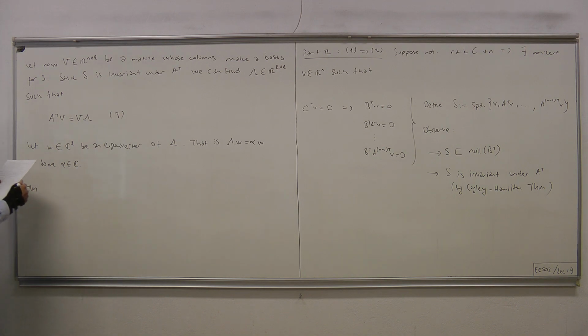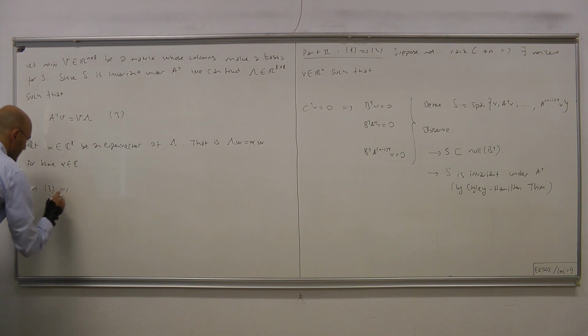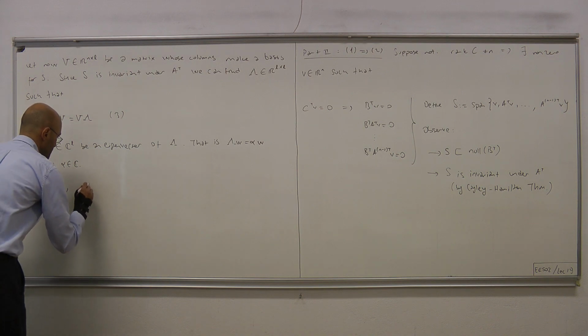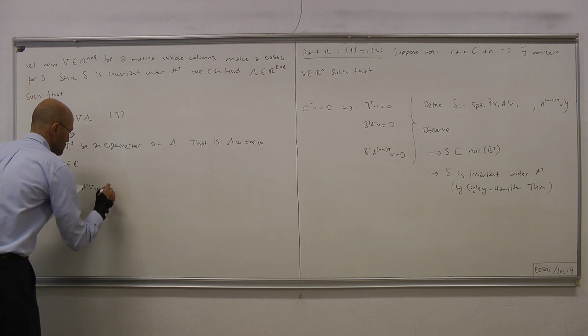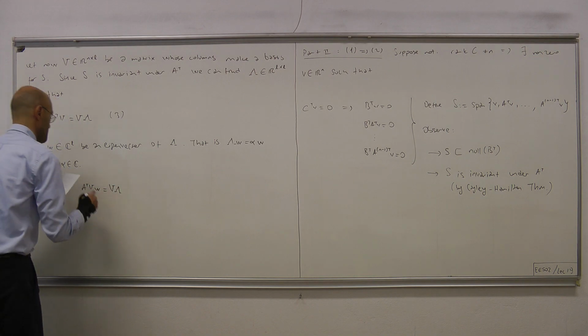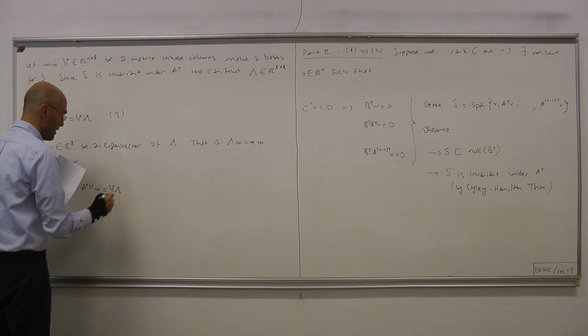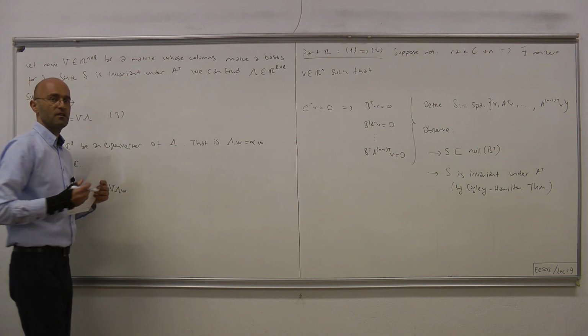Then we proceed as follows. 3 implies A transpose V lambda equals V, times W equals V times lambda times W.